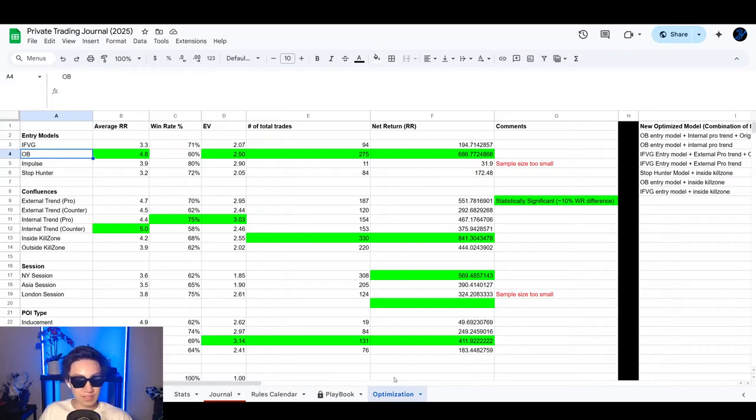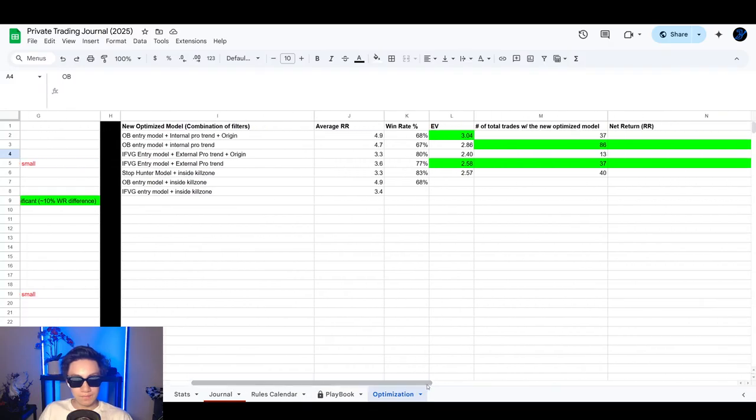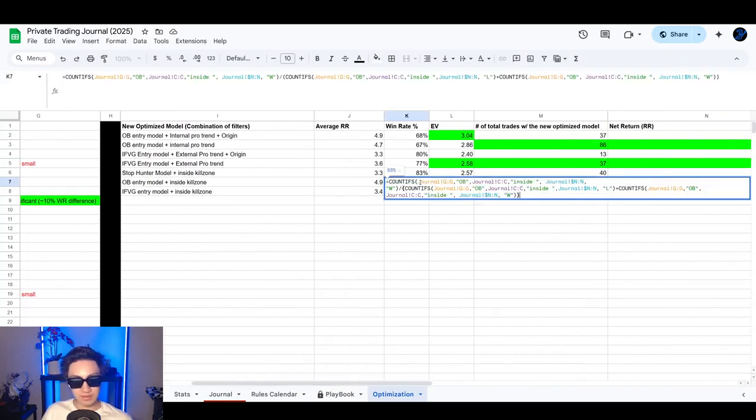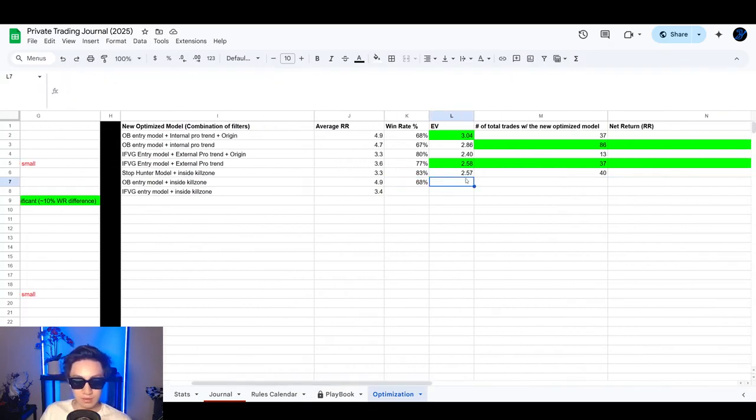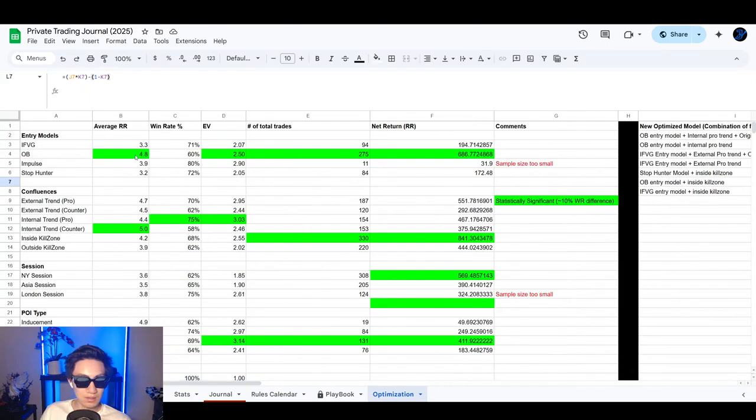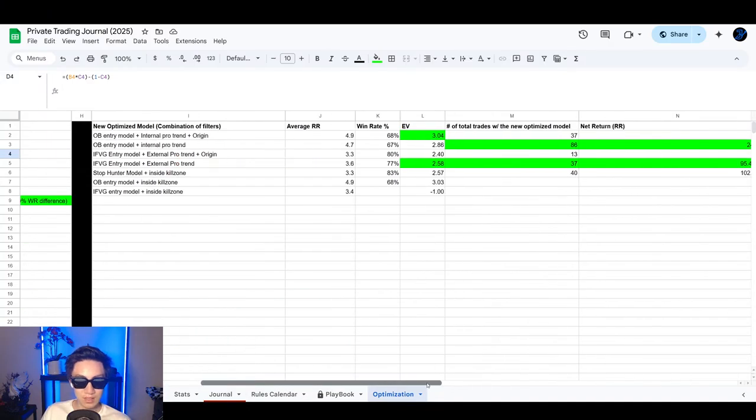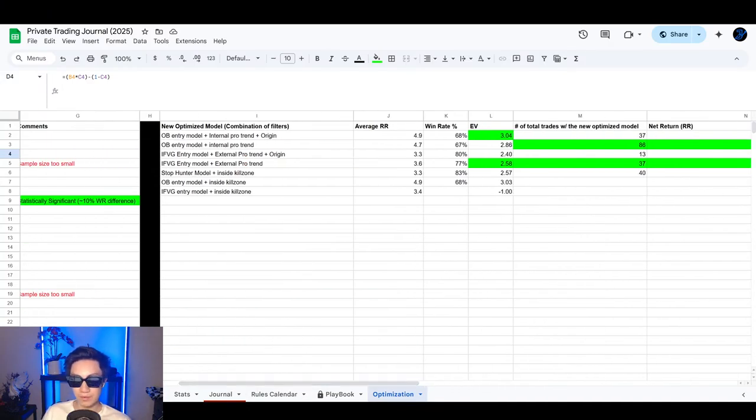So if it's decreasing from 68 to 60%, let's look at the EV now. So look how powerful my trading strategy is. You get a 3.03 EV just from trading and only focusing on taking trades inside kill zone. So you go from a 2.5 to a 3.03 EV.